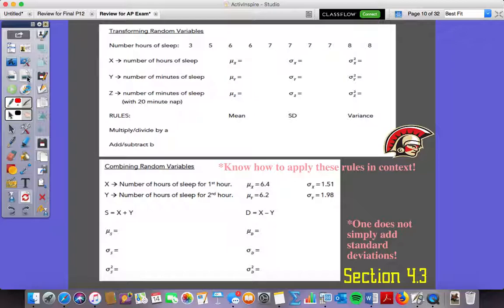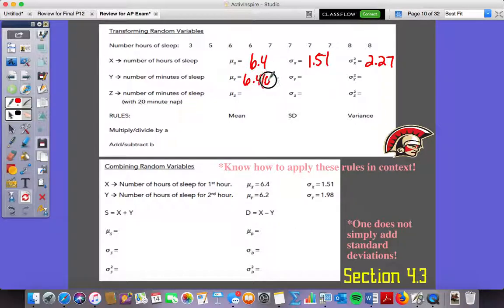The number of hours of sleep, okay, so we got this. The number of hours is listed up above, right? The mean, I'm going to give this to you. You know how to find it. This would be 6.4. This would be 1.51. And the variance would be 2.27, okay? If we transform that by putting it into minutes, can I multiply 6.4 times 60? Yes.